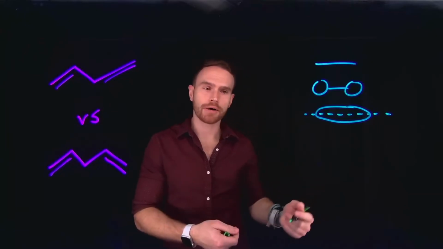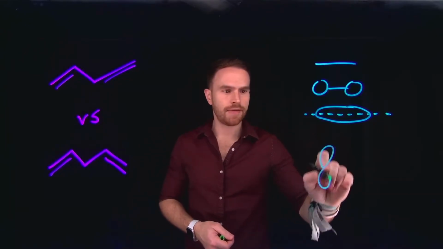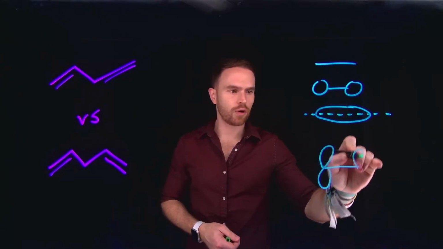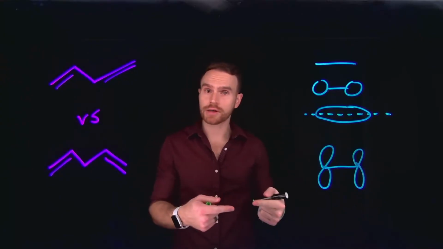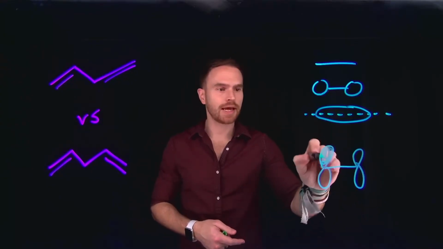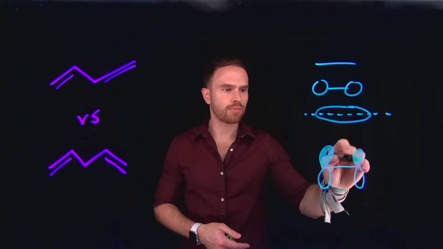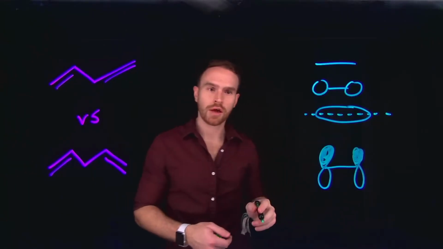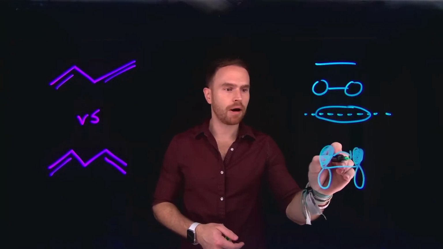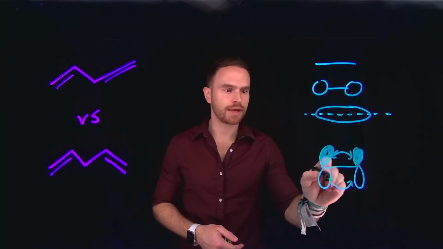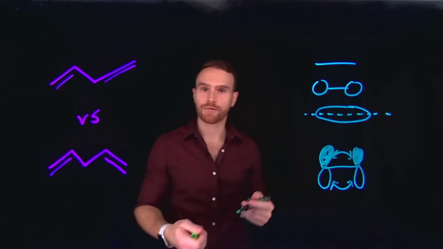A pi bond is different in that instead of the orbital overlap lying along the internuclear axis, we have 2 unhybridized p orbitals which overlap above and below the internuclear axis of 2 different atoms.